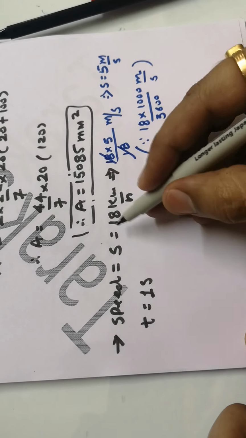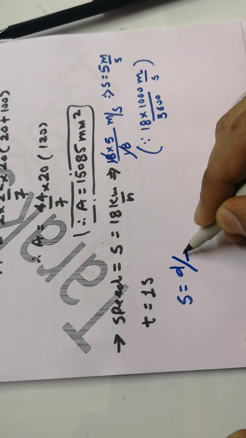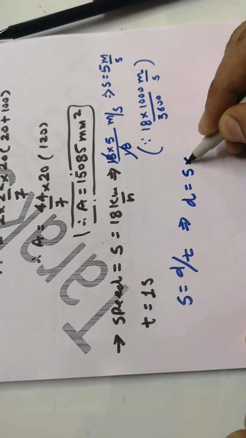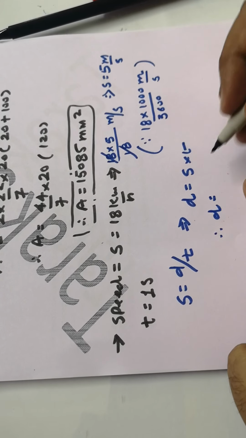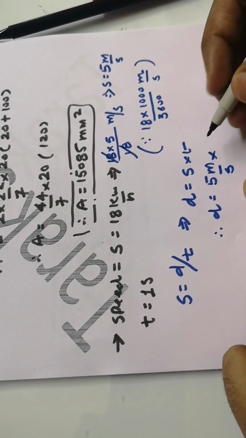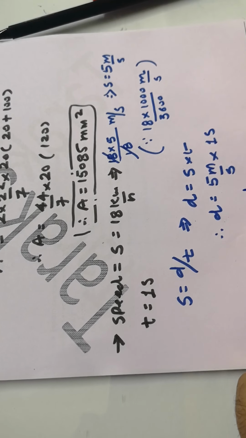So I want to find my distance. The equation of speed is distance upon time, so distance equals speed into time. My speed I have found is 5 meter per second, and my time is 1 second. So I got my distance equals 5 meter.